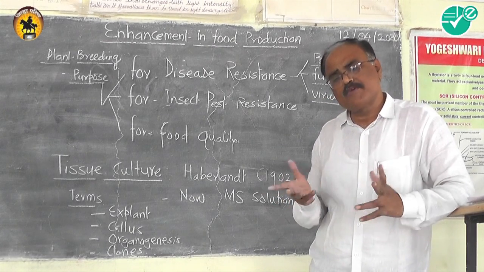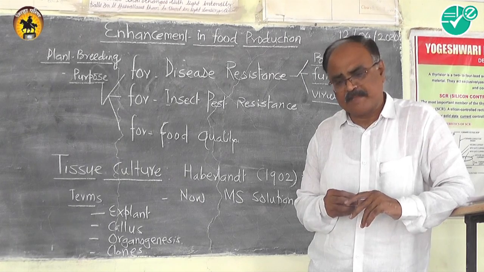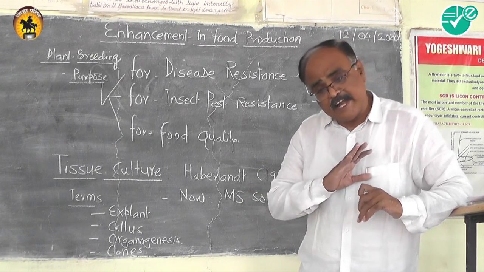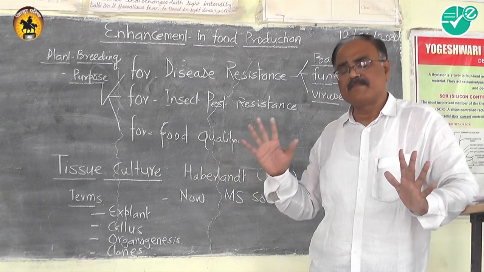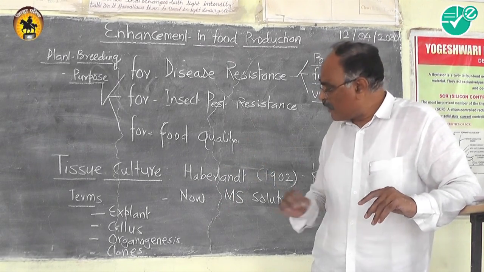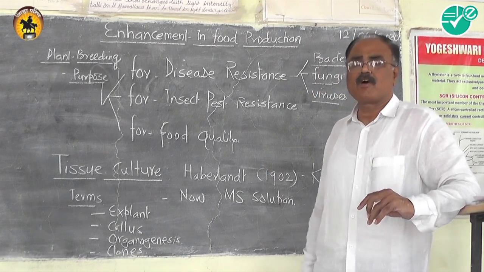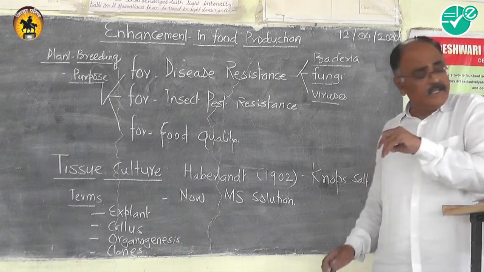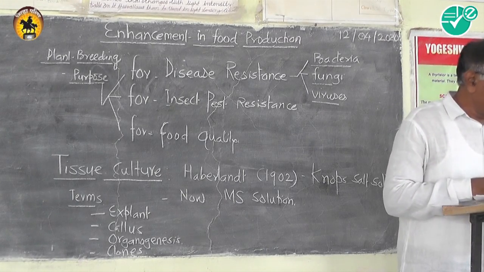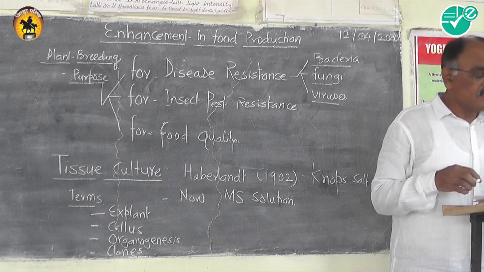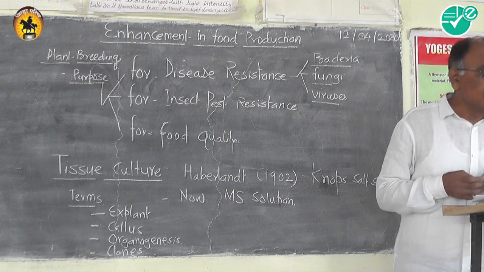No exchange of genetic material takes place, and that's why all the generated members have similar genetic material. We call them clones, the carbon copies. These are the different terms that may come while studying tissue culture.